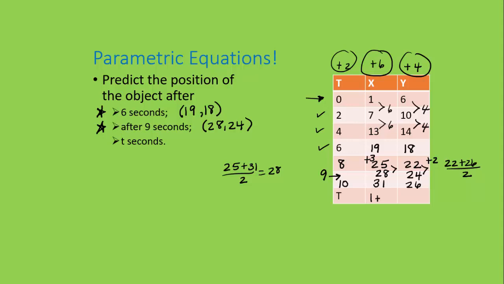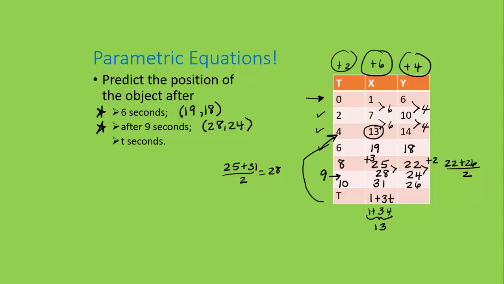And then I add the increase of x for every second, which is 3 times the number of seconds. So I get this little formula. Let's try it. Let's plug in t equals 4 and see if we really get the value that goes with 4. So if t was 4, I'd have 4 times 3, which is 12, plus 1, which is 13. And that is exactly correct.